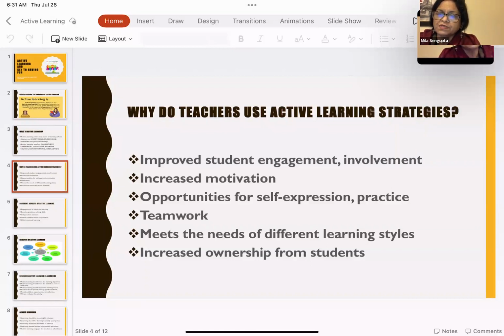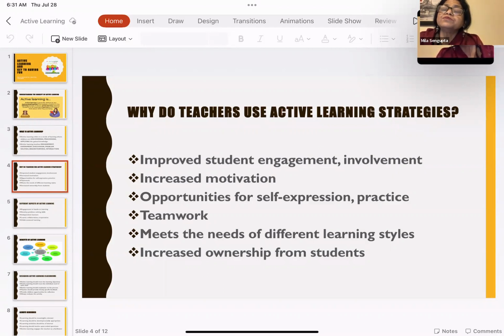Children are not afraid of voicing their opinion and their ways of thought process. It also provides the children opportunities to practice, because this active learning process includes the children's active participation. So it provides them with opportunities to practice the skills. And as we all know, practice makes perfect.